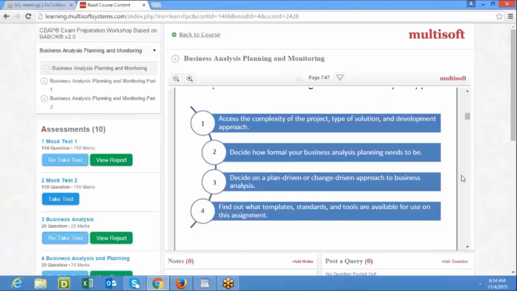Now, this is one other thing you can do for the project that is coming up: there must be some BAs working in your organization. So how are they working, in which format are they working? Ask if you can take their help: what are the procedures, what is the format level you are following in the organization?